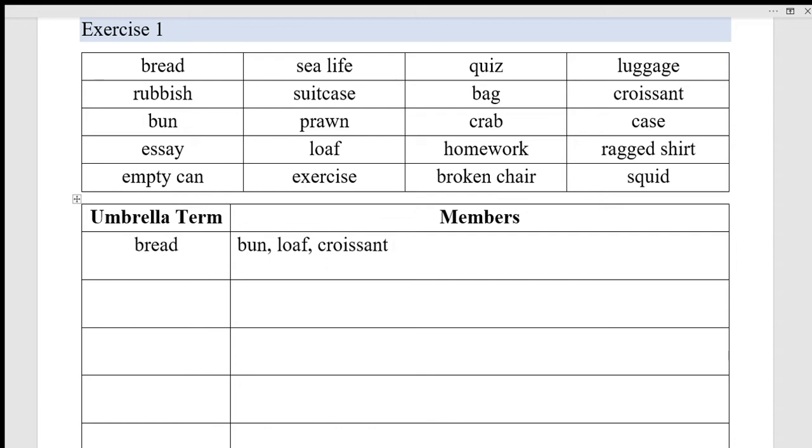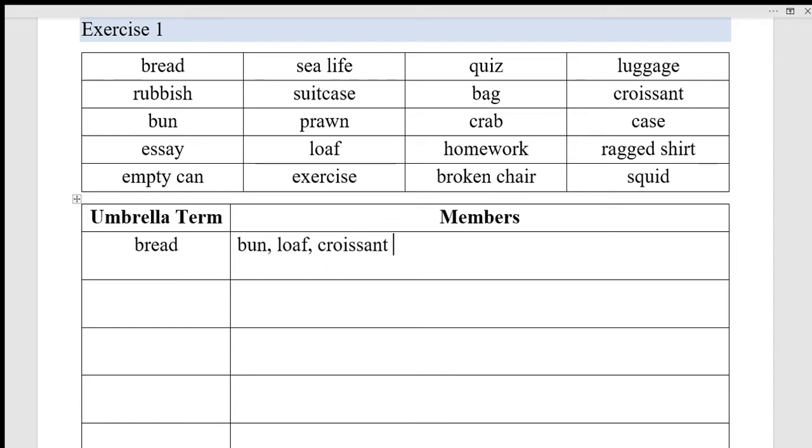But we will never say a bread because bread is an umbrella term. It's uncountable. Tapi contoh-contoh untuk bread, contoh-contoh untuk roti, okay, seperti bun, loaf, croissant, ini semua countable. So sebab mereka tu countable, so we can use a bun, a loaf, and a croissant.